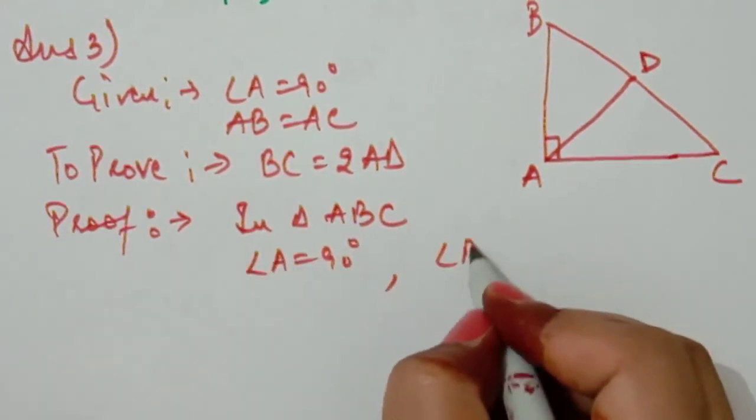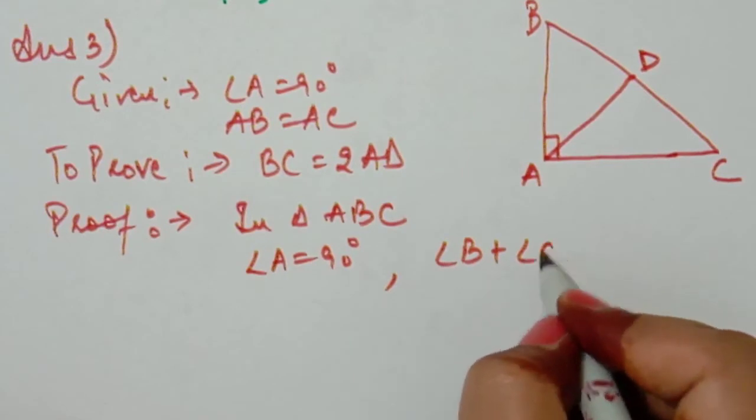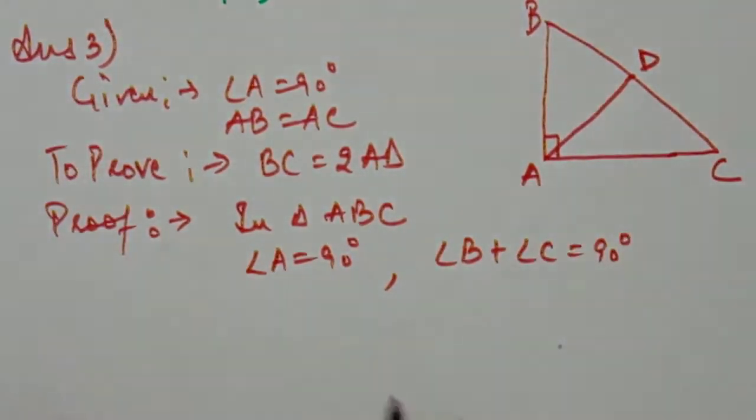So definitely angle B plus angle C is also 90 degrees, because the angle sum property says that the sum of all three angles of a triangle is 180 degrees. If one angle is 90 degrees, then the sum of the rest of the two angles is also 90 degrees.